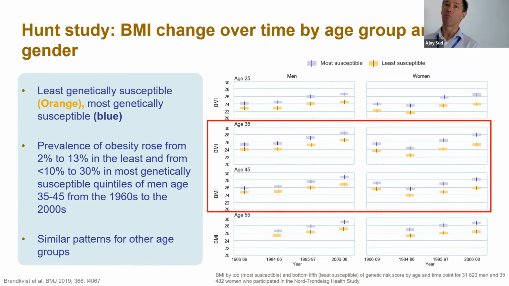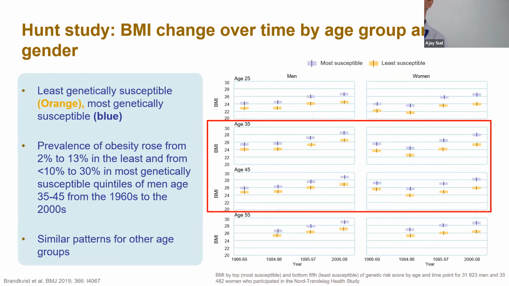And if you then combine that information with the genetics, what you can see is that the most susceptible individuals in that population from a genetic perspective were the people who had the biggest rise.